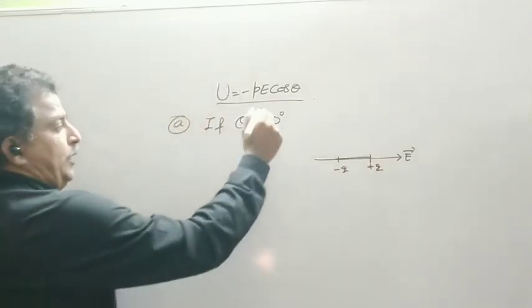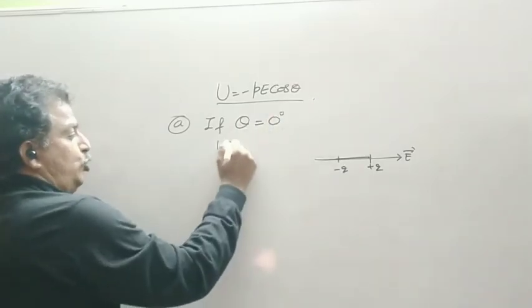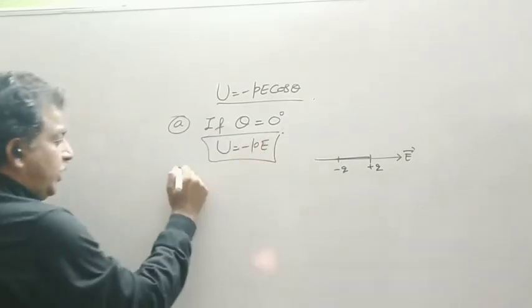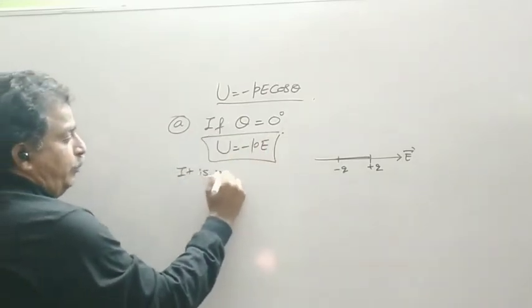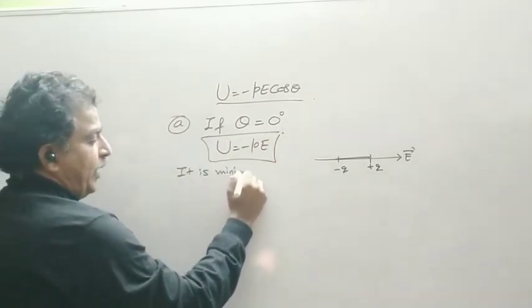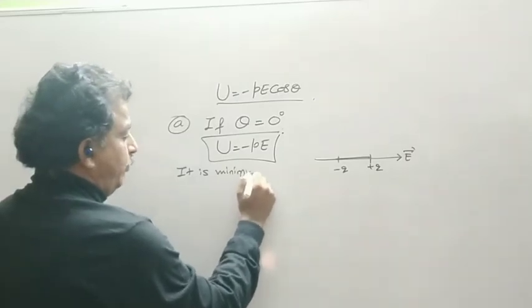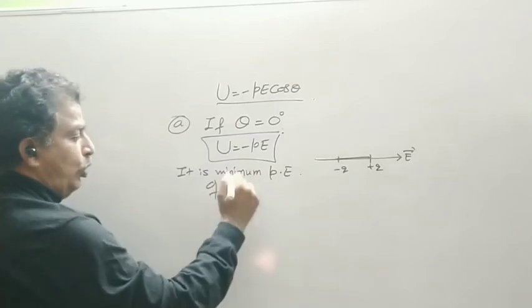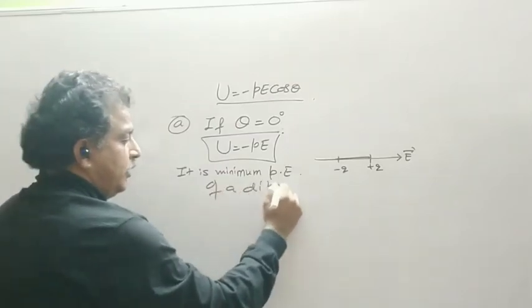So substituting 0 here, U is equal to minus PE. It is the minimum potential energy of a dipole.